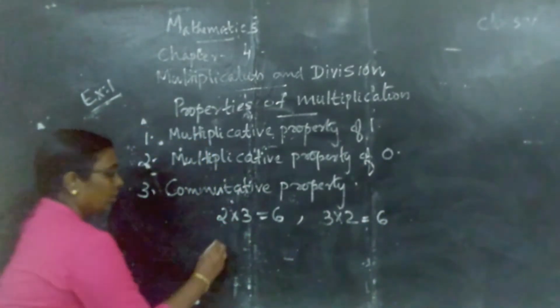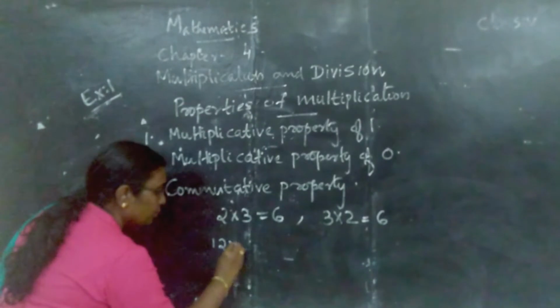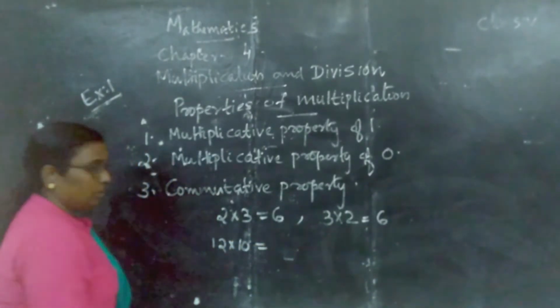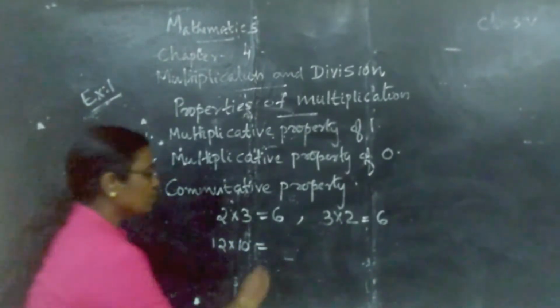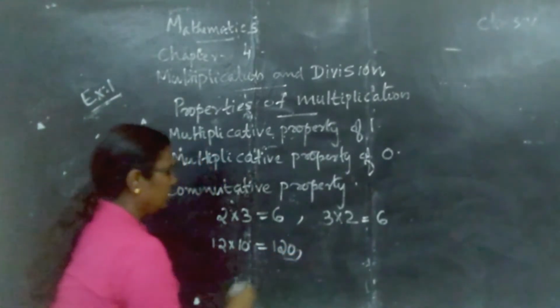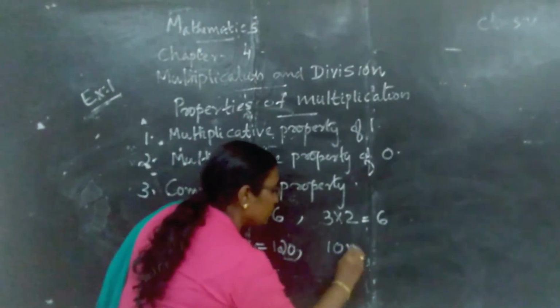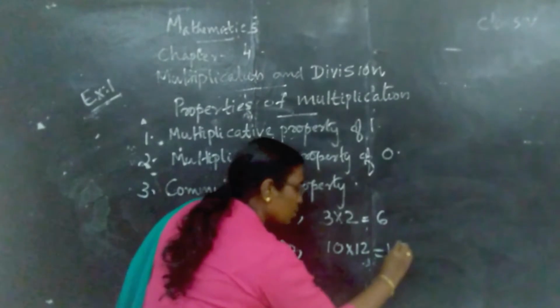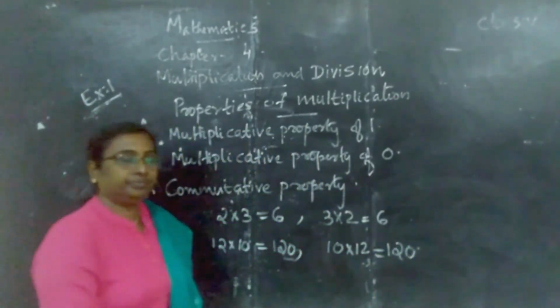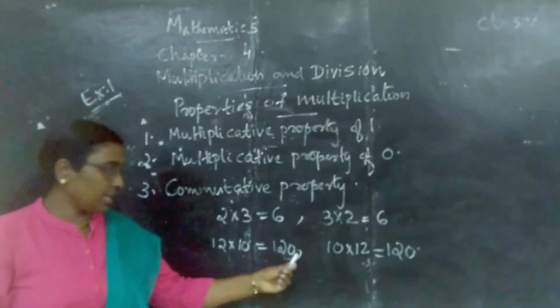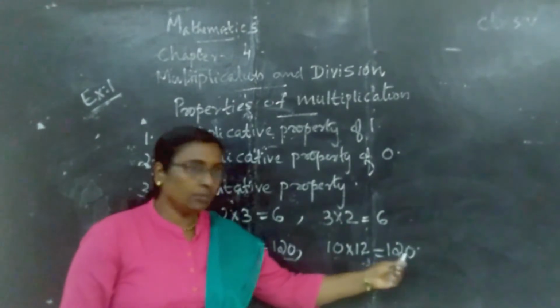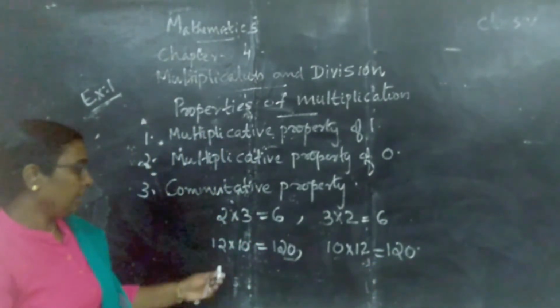Then, what is 12 into 10? 12 into 10 is 120. What is 10 into 12? That is also 120. Okay.